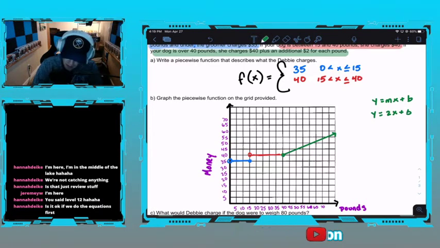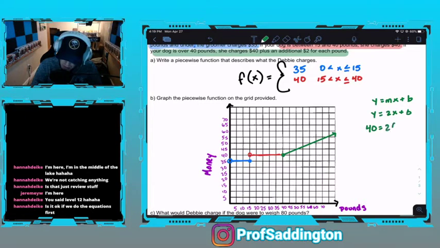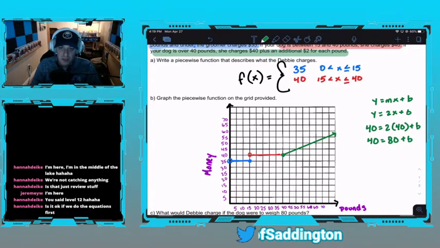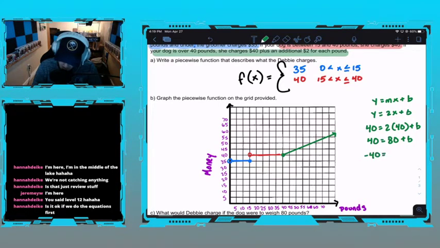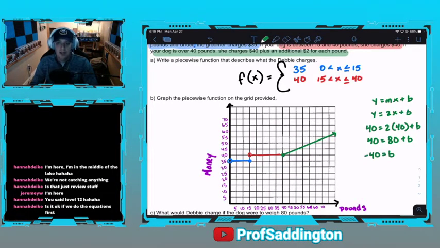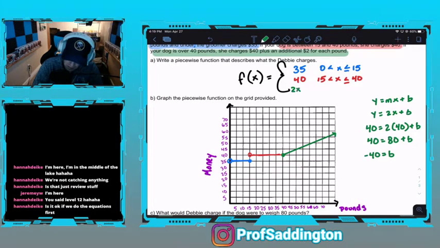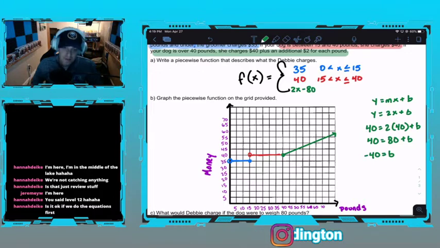So now that I'm going to plug them in, I'm going to have 40 is equal to 2 times 40 plus b, which is really just 40 equals 80 plus b. And if I subtract the 80 over to the other side, I'm going to have negative 40 is equal to the y-intercept. Now we can write down the full equation of 2x minus 80.